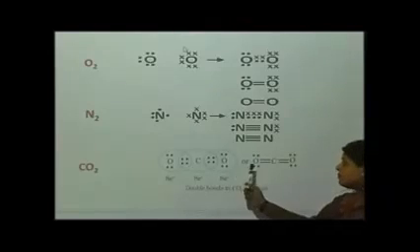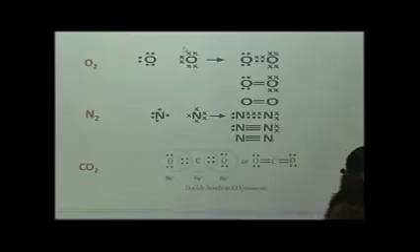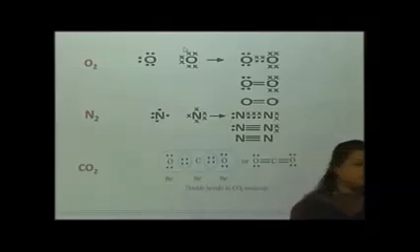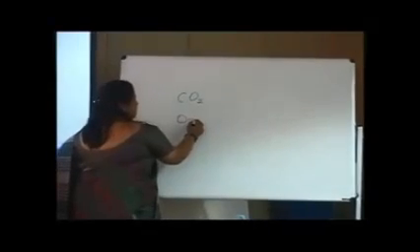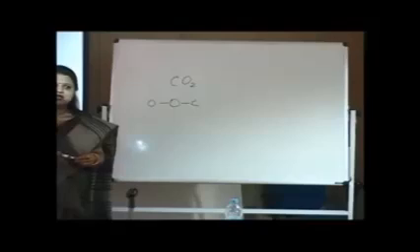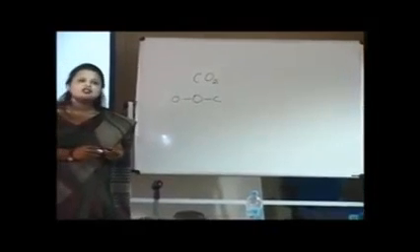So, oxygen will always like to share 2 electrons. And please remember that it would have been possible that in case of CO2, even this structure could have been possible. We could have oxygen in the center.